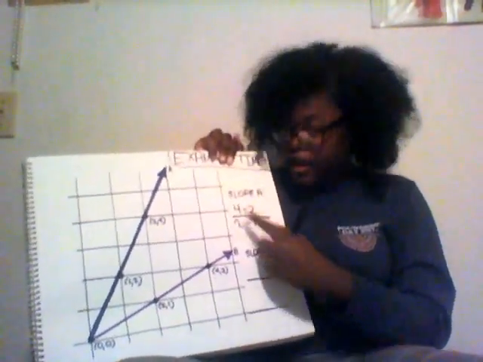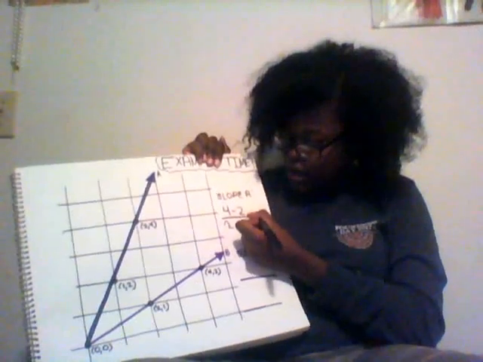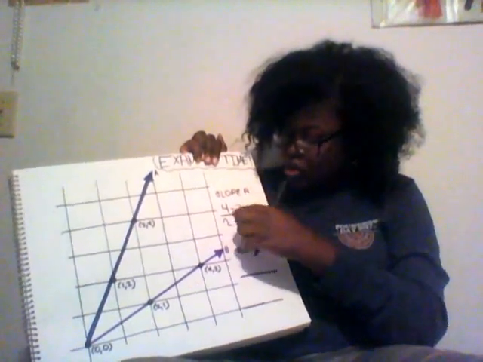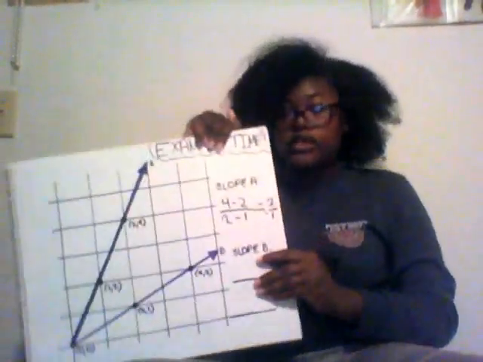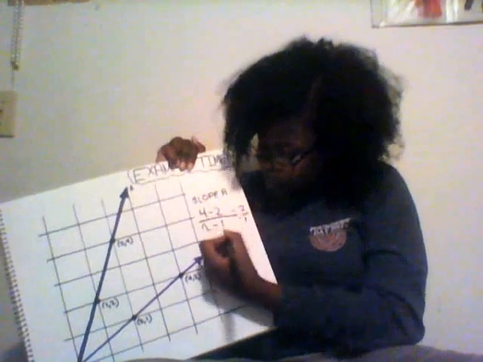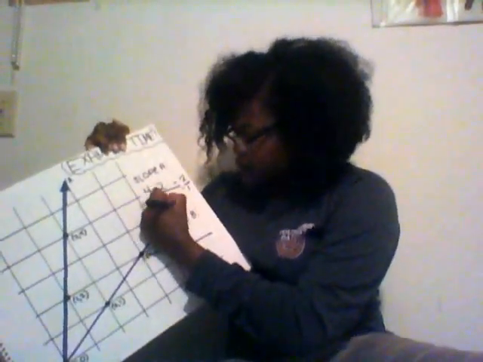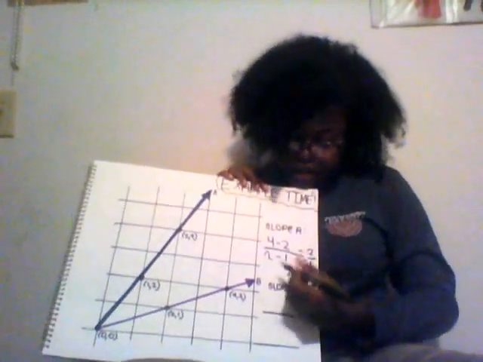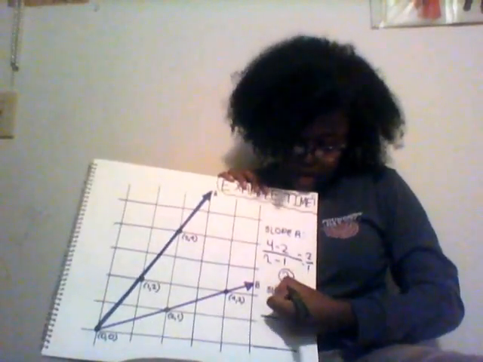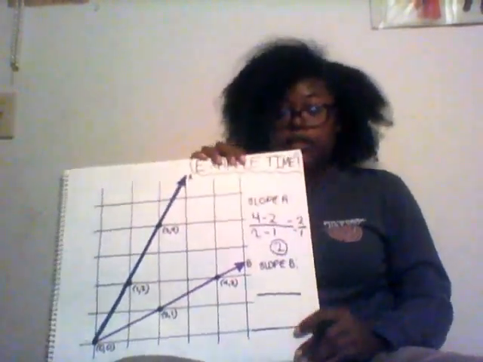When you do all that mental math in your head, you're going to come out with 2 over 1, which is basically equal to 2. That's another arbitrary example of the mathematical, algebraic method.